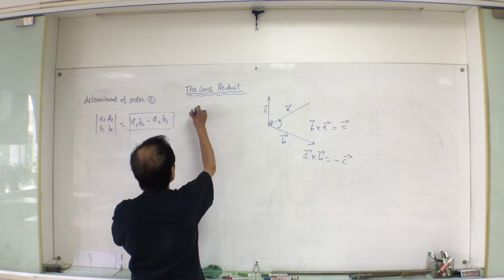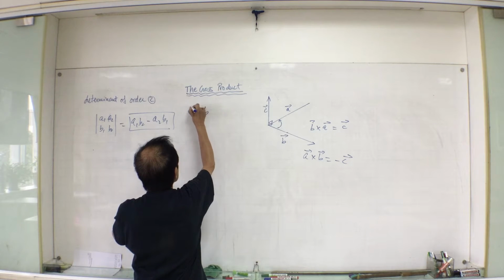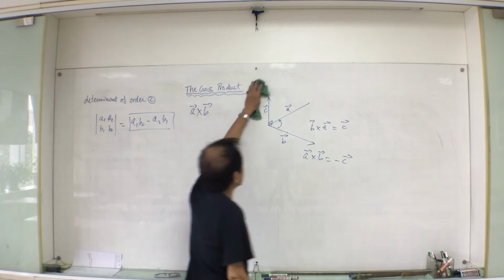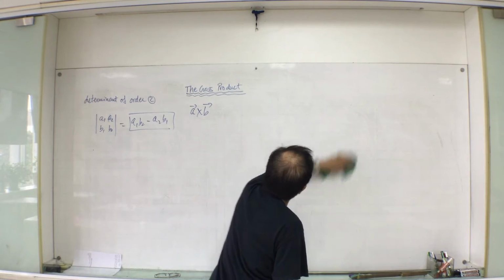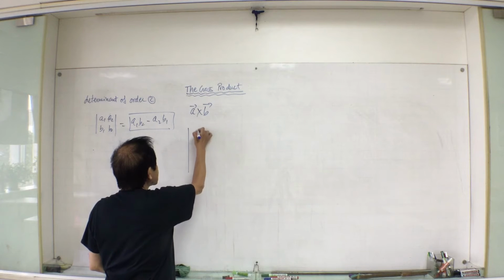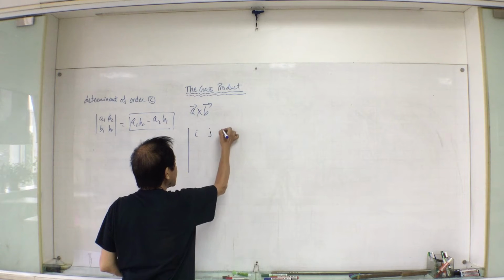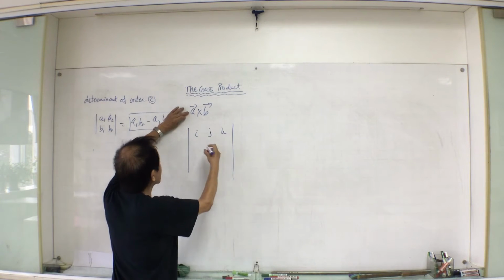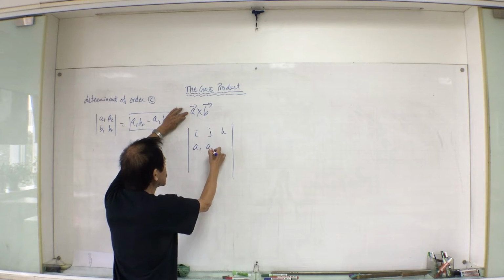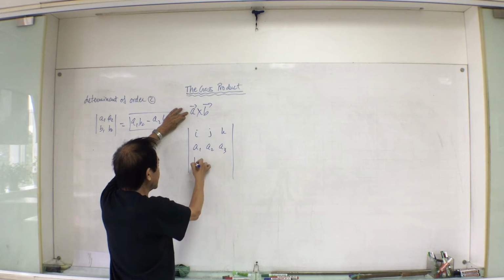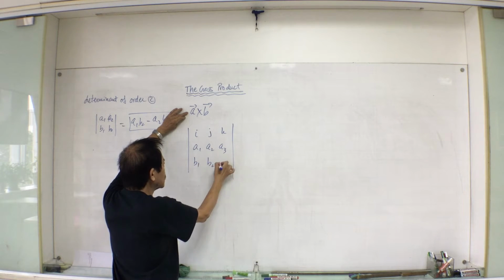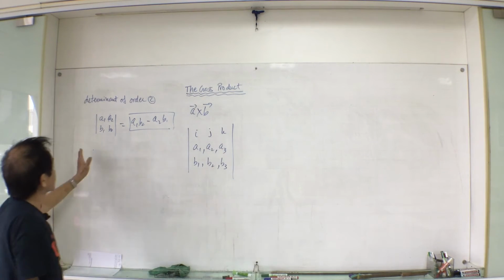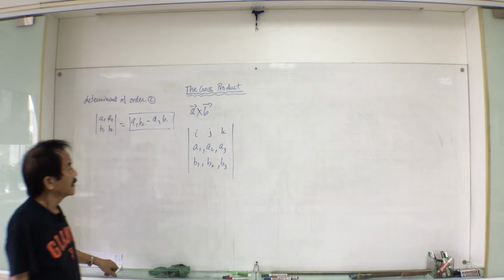So let's see how to find A cross B. Instead of C, we work with the base vectors i, j, and k. Vector A equals A1, A2, A3, and vector B equals B1, B2, B3. Then we cross using the determinant of order 3.